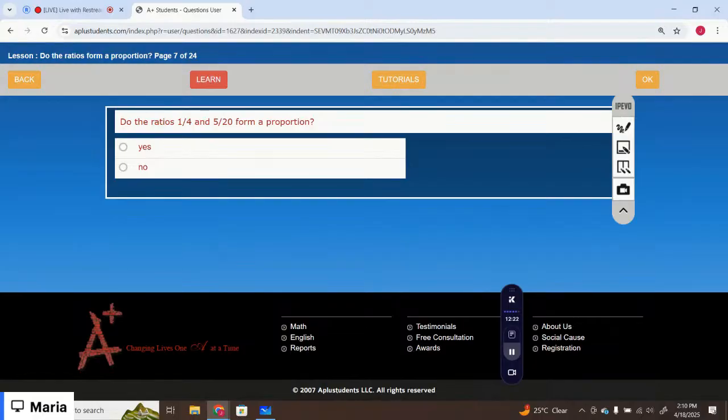Do the ratios 1 by 4 and 5 by 20 form a proportion? Yes, they form a proportion. Option number 1 is the correct option.